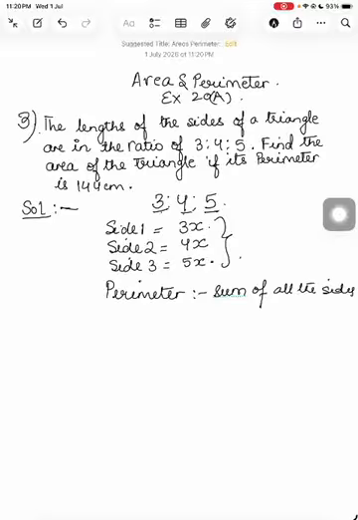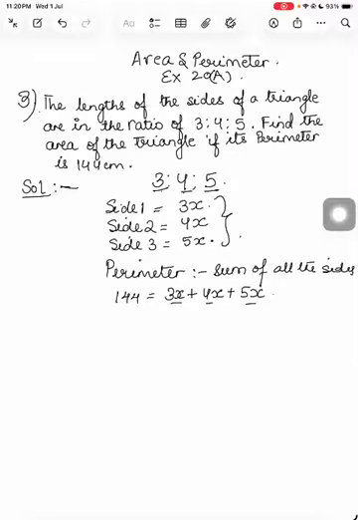That means 144 is equal to 3x plus 4x plus 5x, because these are now the real sides. We cannot add 3 plus 4 plus 5 because they are the ratios, but 3x, 4x and 5x are the real sides. So now we will add these variables together.